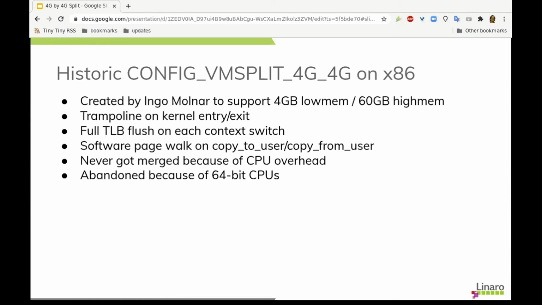There was a patch to make the lowmem larger while still having Highmem. It was fairly expensive, and it was ugly, and that is the reason it never got merged. So the baseline is we have to be better than that to even have a chance of getting it merged. This was shipped in Red Hat Enterprise Linux at the time, and then it completely fell out of use.